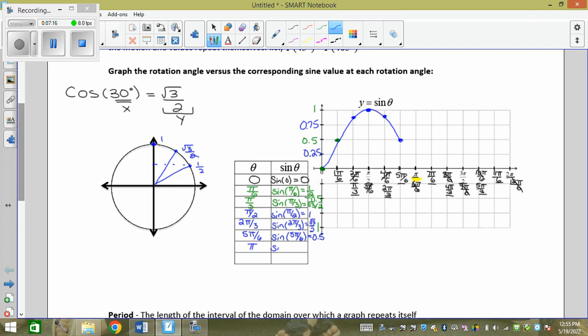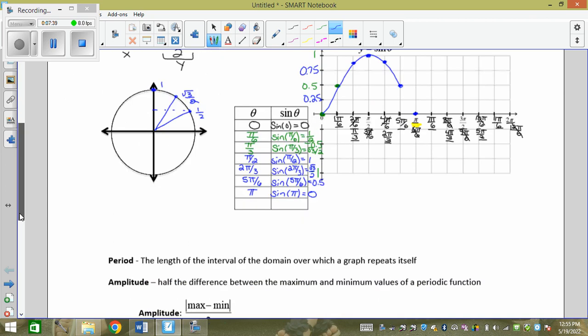Sine of pi is what? What's y at pi? Sine of pi is 0. Then we start going below the x-axis. Why? Because our y values are going to be negative, right? So our next one is 7 pi over 6. What is sine of 7 pi over 6?